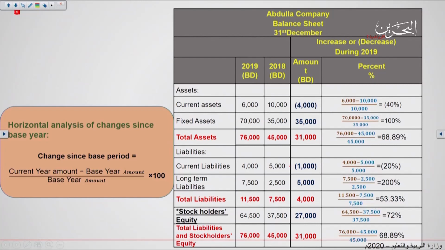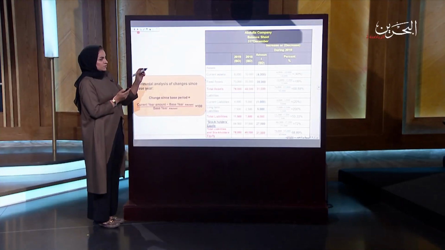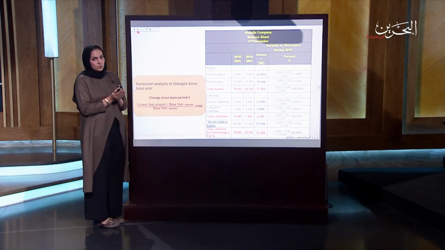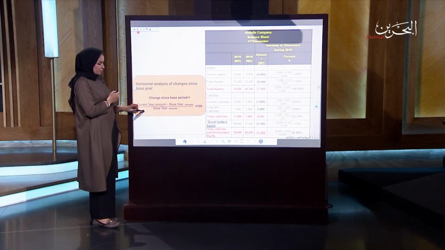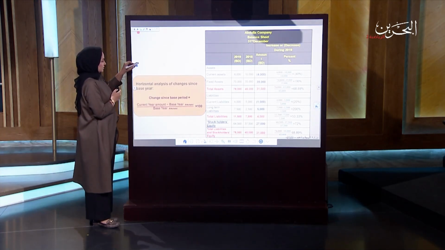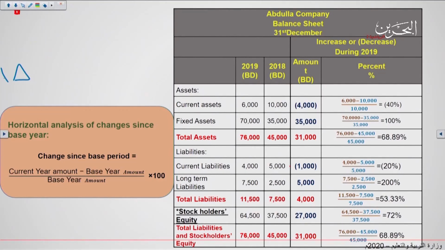Let's see. We have, as we said, the balance sheet, with the amounts for 2018 and 2019. First of all, we have to apply the formula for percentage change of increase or decrease.